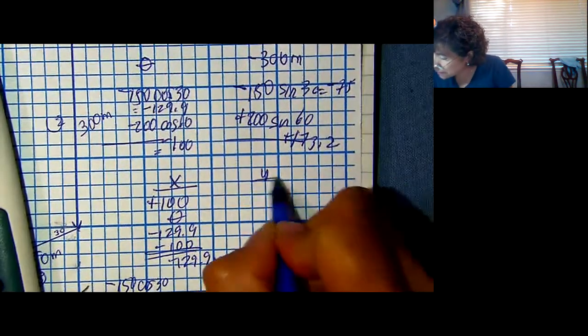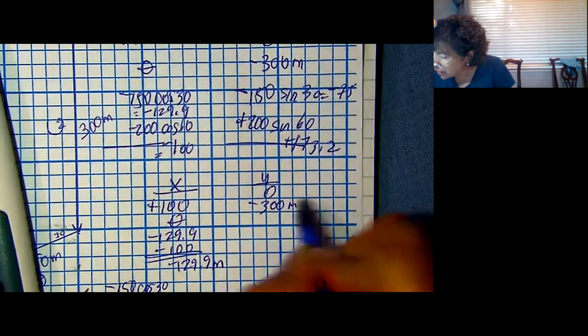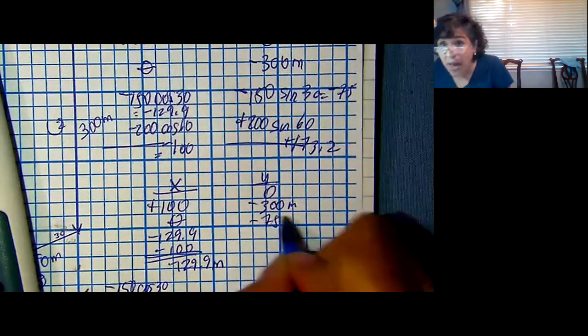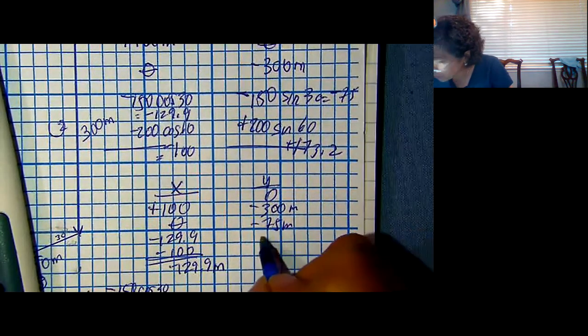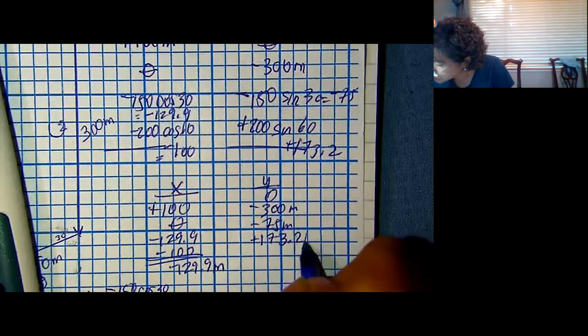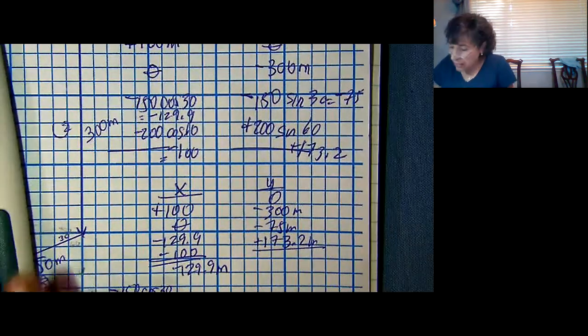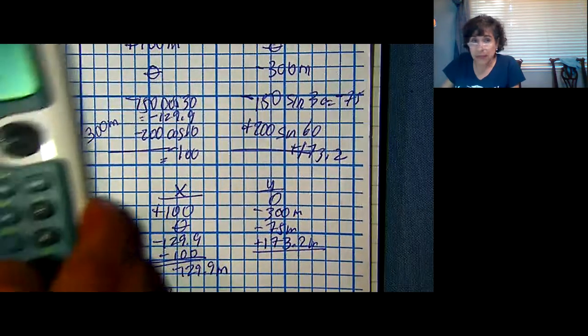On the other side, I've got 0. I have minus 300 meters. I have negative 75 meters. And lastly, I have positive 173.2 meters. All right, so let's add up those numbers. 173.2 minus 75 minus 300.